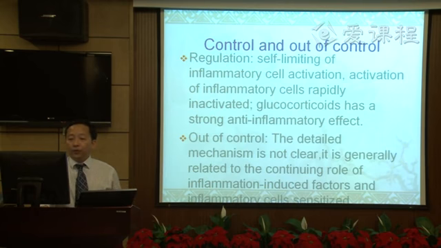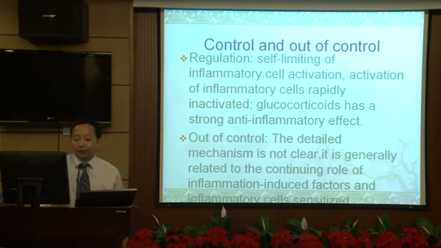Control and loss of control will happen in the host. The regulation is self-limiting of inflammatory cell activation, and activated inflammatory cells are rapidly inactivated. Glucocorticoid has a strong anti-inflammatory effect.